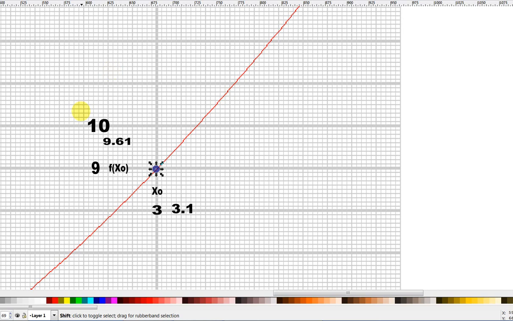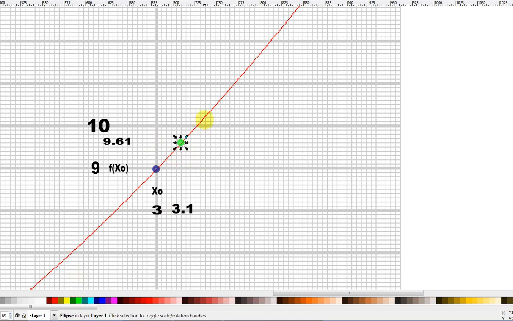And then our second guess, we'll call that green. And our second guess was 3.1 might be a better answer to the square root of 10. And when we square 3.1, we get this answer 9.61. So it's going to be right around in here. Okay, that's pretty good right there. And let me color that green.